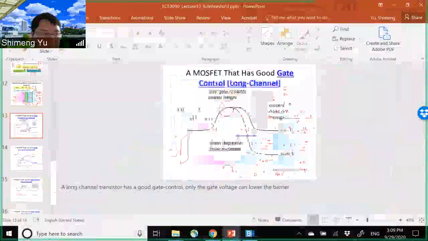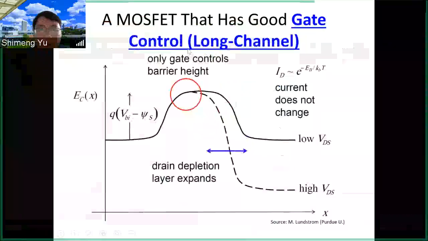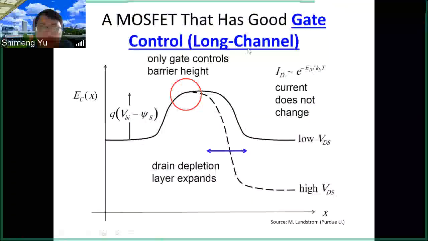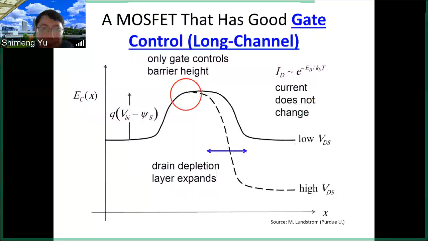Okay, last few minutes, let's quickly go over the band diagram for the long-channel device under the subthreshold region. So in the long-channel device, as we discussed, because the channel is long, when you have the drain voltage applied, the barrier top will still not be affected. This barrier height is only modulated by the gate voltage.